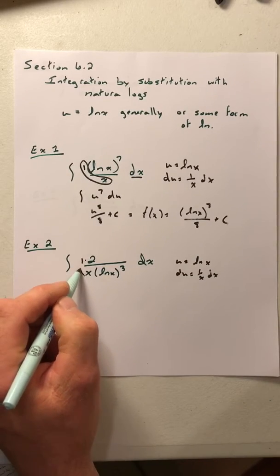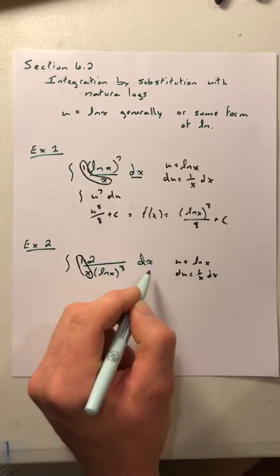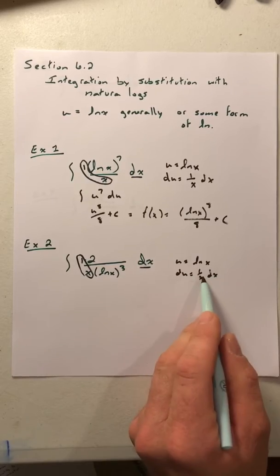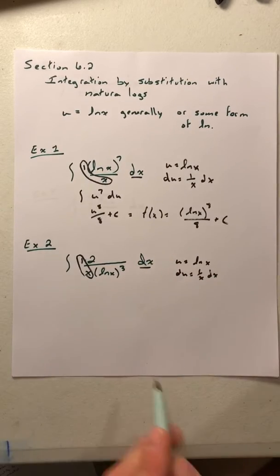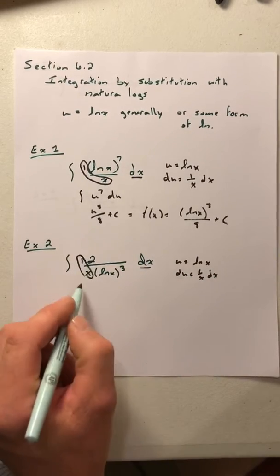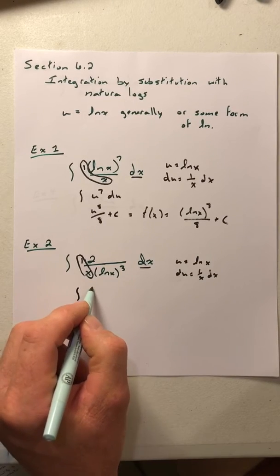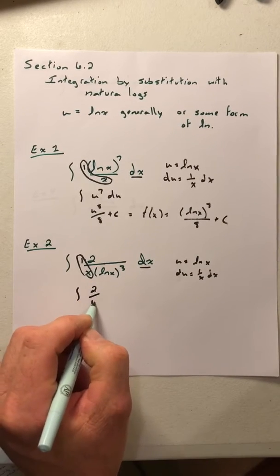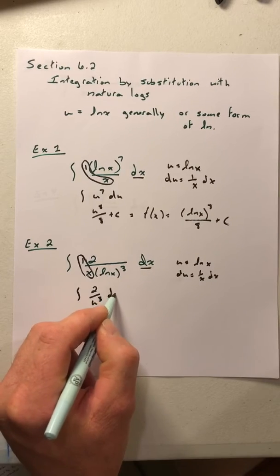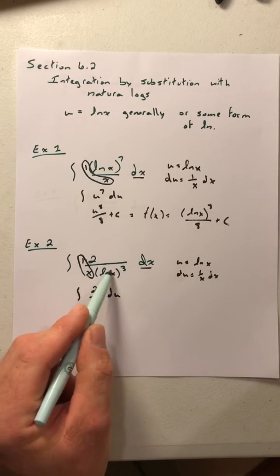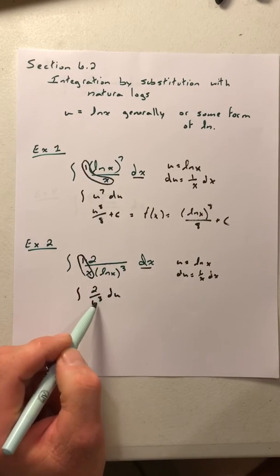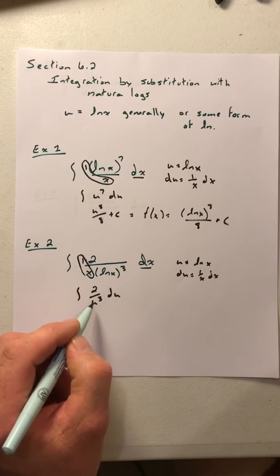So I still have this 1 over x dx to do my du substitution. So that 2 is just going to hang out there. So I can write this as 2 over u to the 3rd du, remembering again that natural log of x is u.